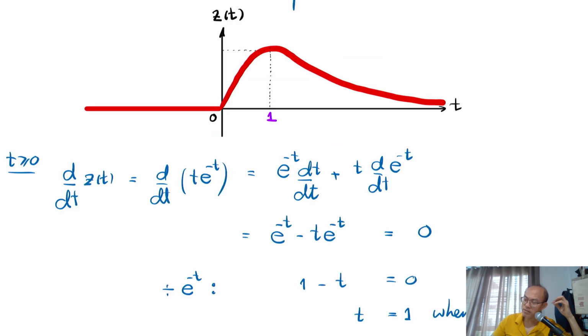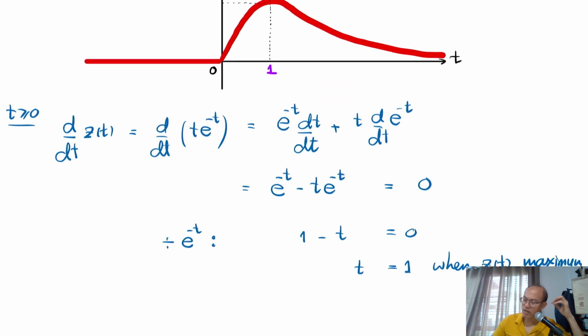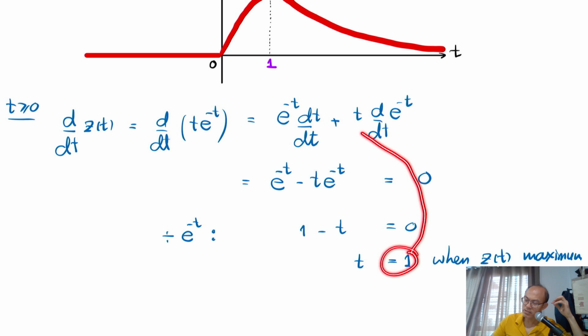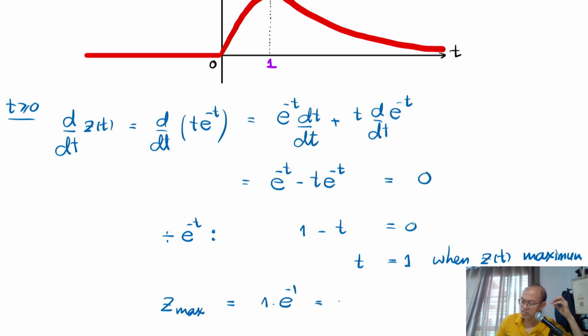Okay, and what about this point? We have to just plug in t equal to 1 to z, right? And z maximum is one times e to the minus 1. That is e to the minus 1, so it's about 0.37.